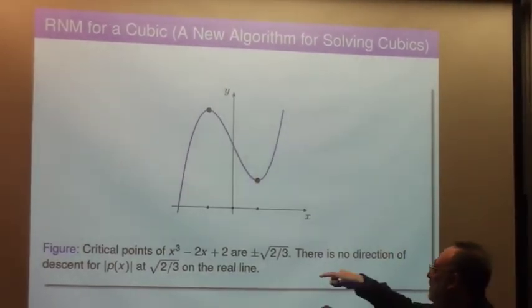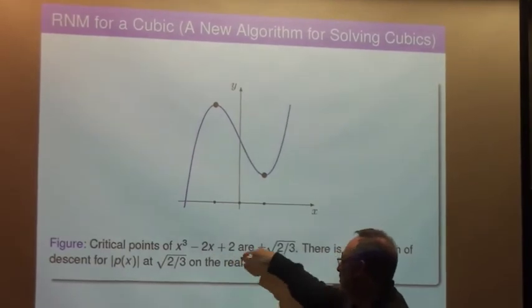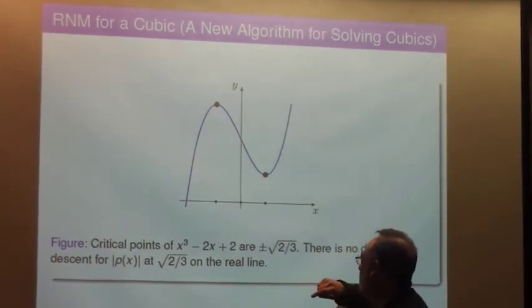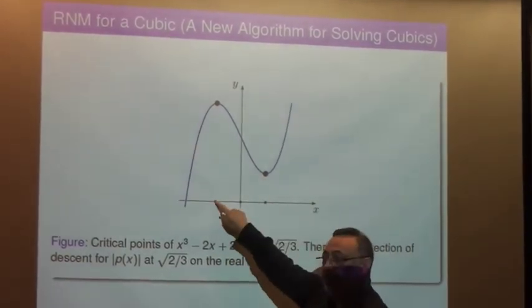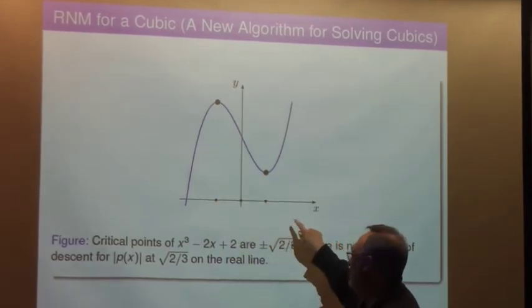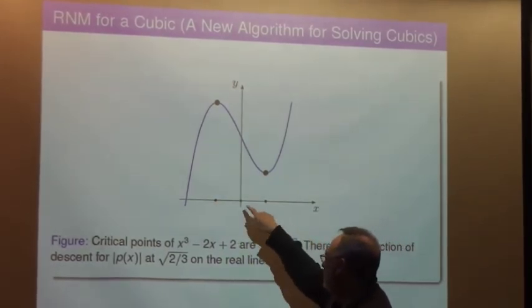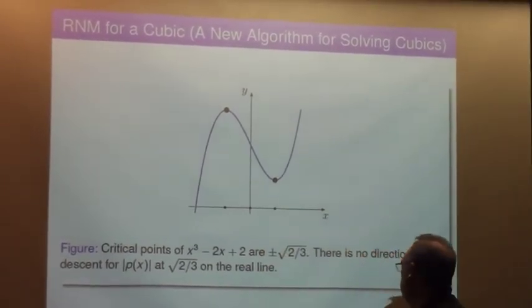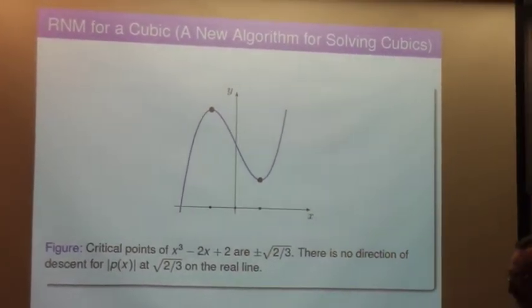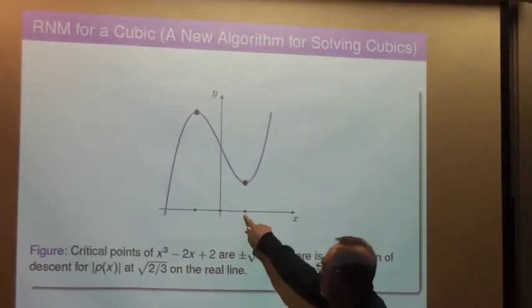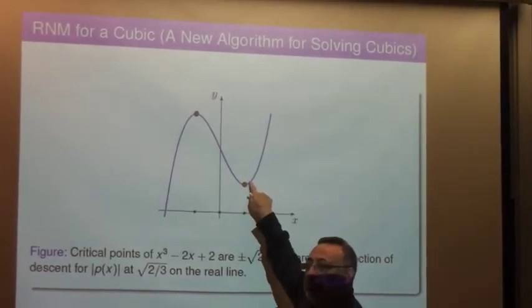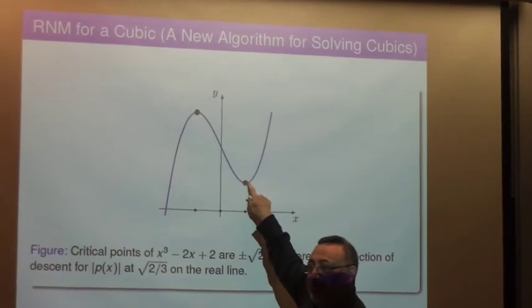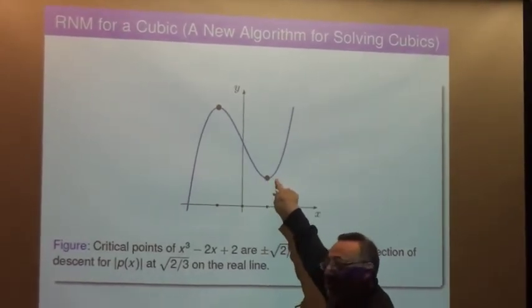Now, if you have this polynomial, Smale's example, these are the critical points, right? In the neighborhood of 0, 0 is mapped to 1 and 1 is mapped to 0. So suppose that we are here and we want to reduce the modulus of a polynomial. How can I reduce it here?